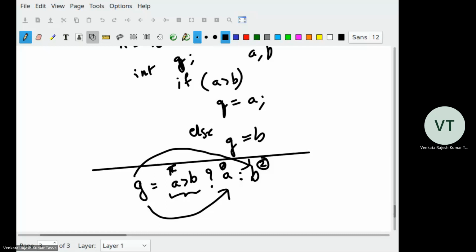G is 10. All right. Now, suppose if I say A less than B, sorry. Okay. Then G will be 5 because A less than B is false. So whatever is the second argument, that will be assigned to G. Okay. So G will be 5.